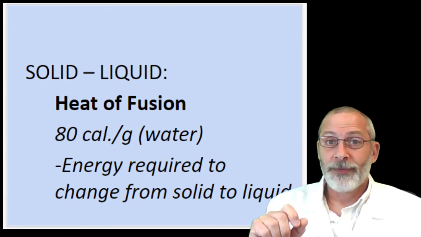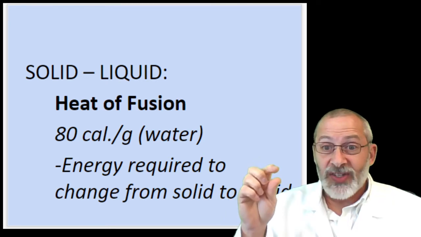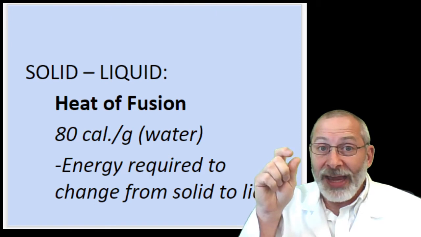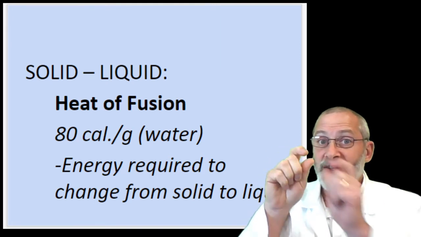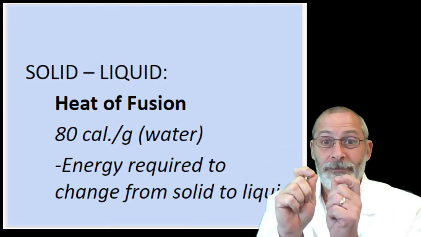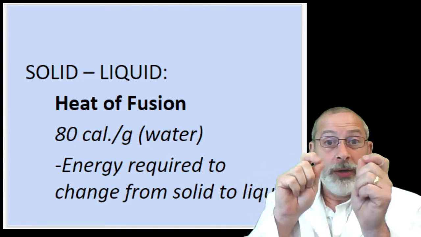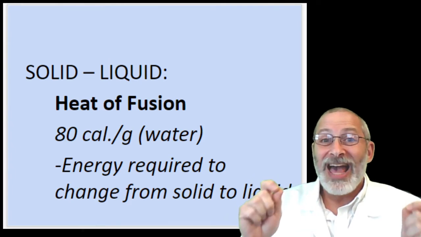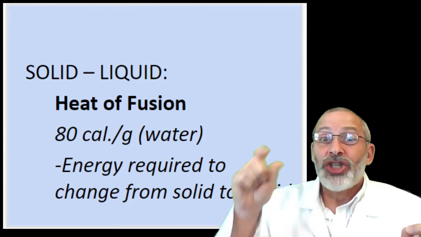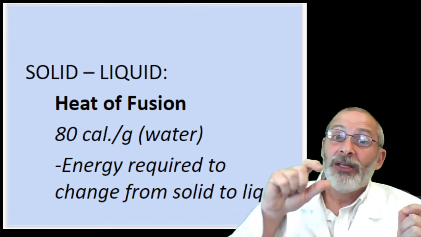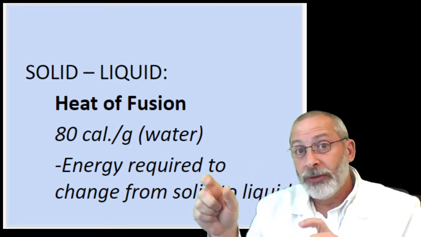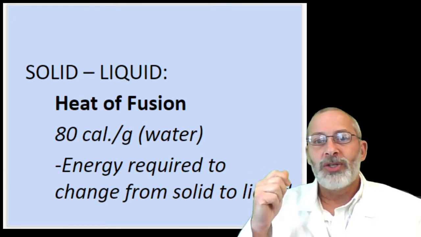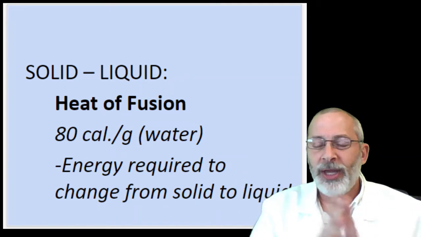In other words, 1 cubic centimeter, 1 milliliter, 1 gram of water, liquid or solid, requires 80 calories of heat energy to change from a liquid to a solid or the other way around. This amount of heat energy is called the heat of fusion. Let me explain it more.